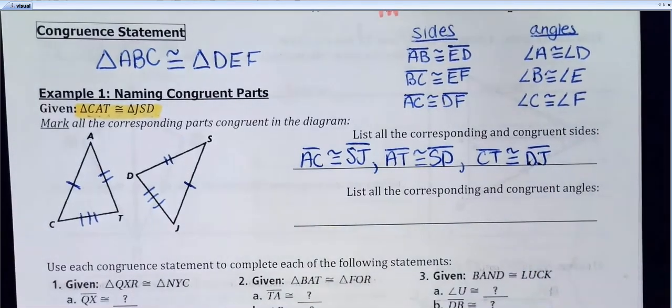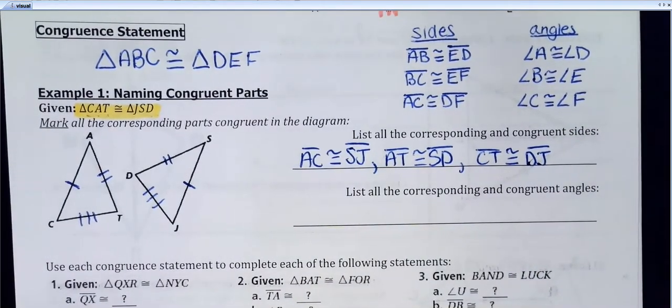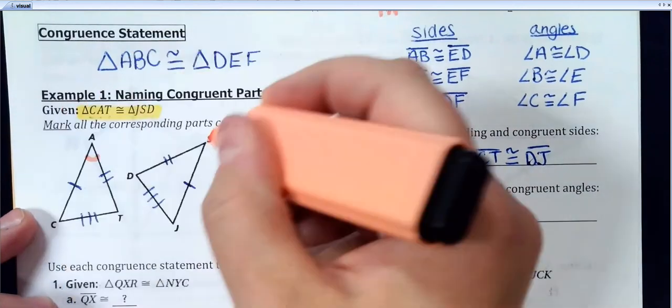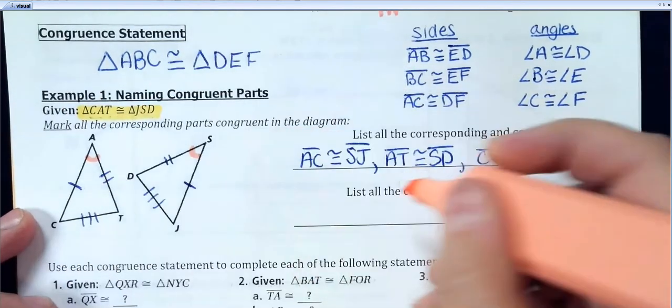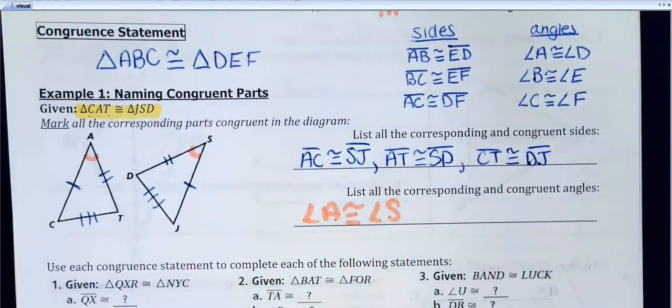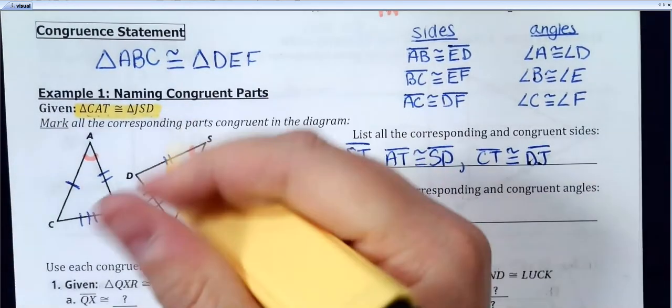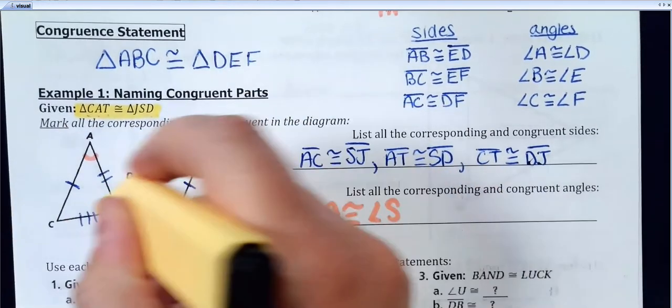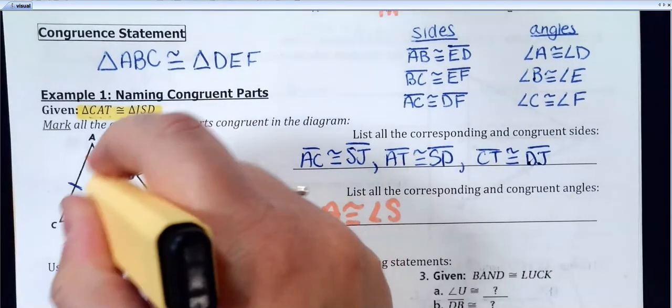Okay, now for angles, this might be a little bit faster, especially since they're separated from each other. Angle A is the middle letter, S is the middle letter here, so angle A and angle S are going to be congruent to each other. Here's D, that's the last letter, here's T, that's the last letter, and I'm going to put a double mark there.